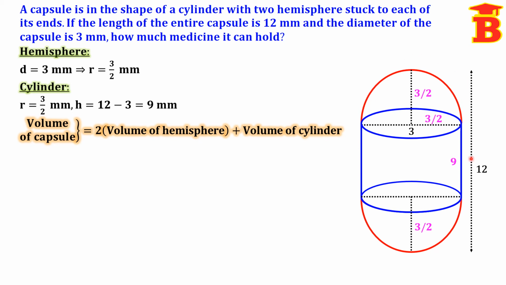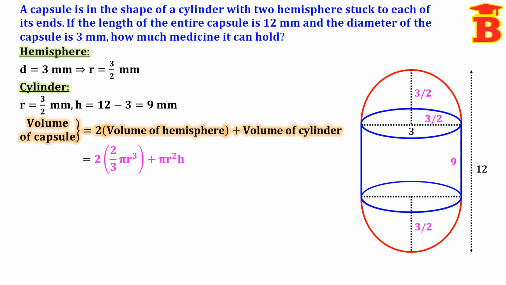In this shape we have the hemisphere 2 times and also the cylinder. Now write the formulas. 2 times the volume of the hemisphere is 2 by 3 pi r cube, plus the volume of the cylinder, which is pi r squared h.